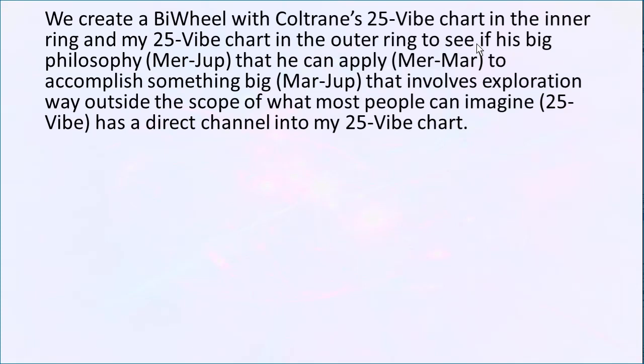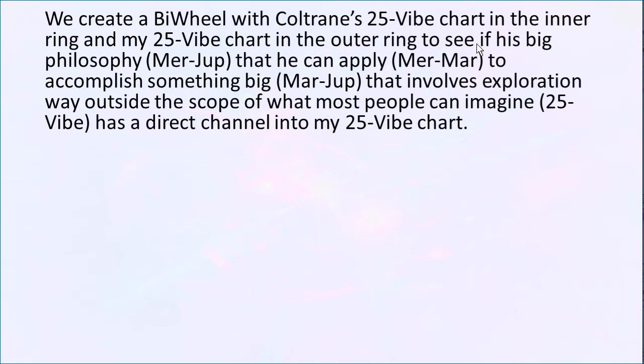So let's make a bi-wheel with Coltrane's 25 vibe chart in the inner ring, because we're primarily interested in the other person. We're interested in the person who influenced you and how their quality enters into your life. So we're going to put him in the center in the inner ring, and mine in the outer ring, and we're going to see if his Mercury, Mars, Jupiter, his big philosophy of Mercury, Jupiter, his application of the ideas of Mercury, Mars, his idea that healing and other things can come out of the music.